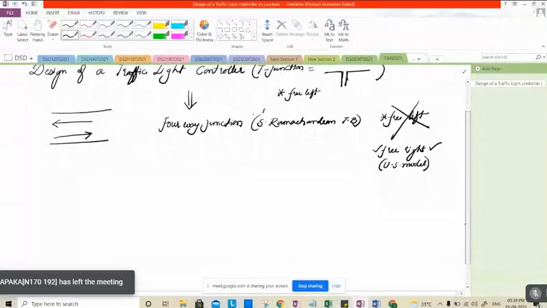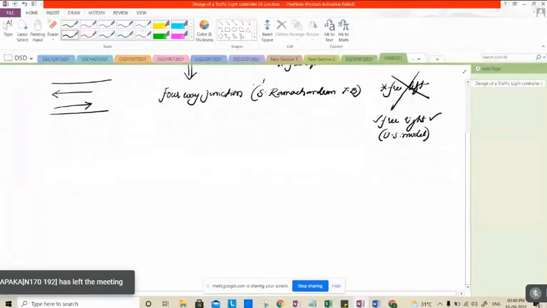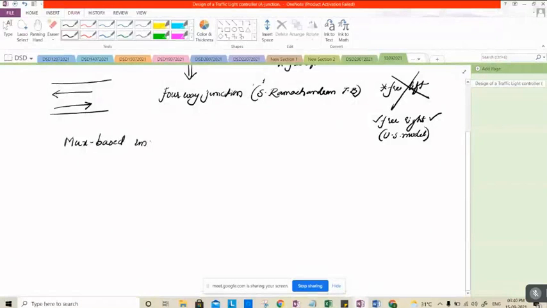So that's it. Now I have told you that we will be discussing multiplexer based implementation, the mux based implementation of a traffic light controller.